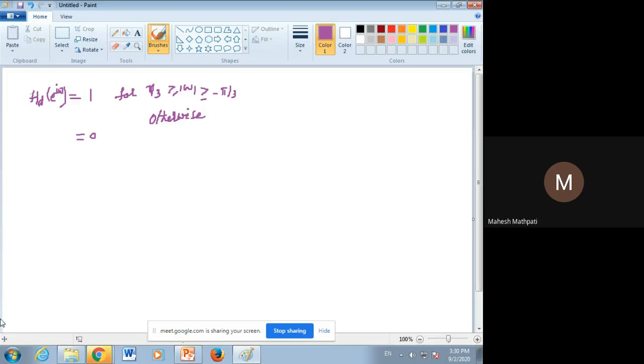At N equals 9, determine H of z using Hamming window.